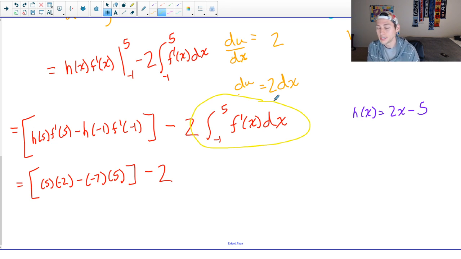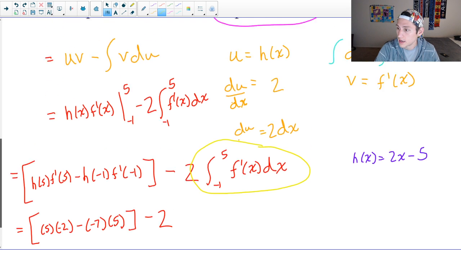But I do have some key information. So think about what else an integral represents. It represents area under the curve. So this represents, and I have a graph of f prime, so maybe I can literally calculate the area from negative 1 to positive 5.